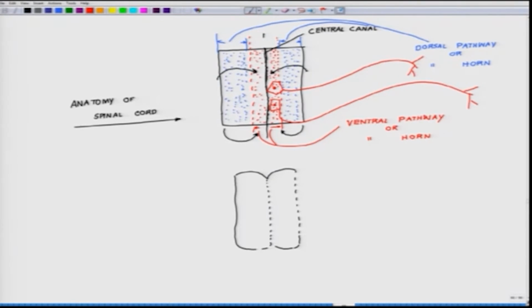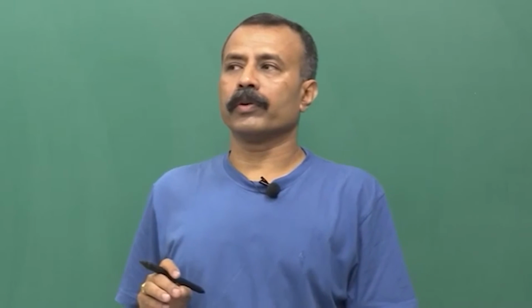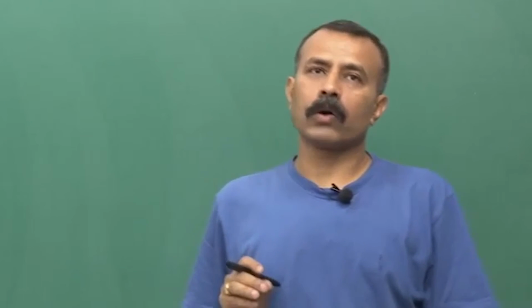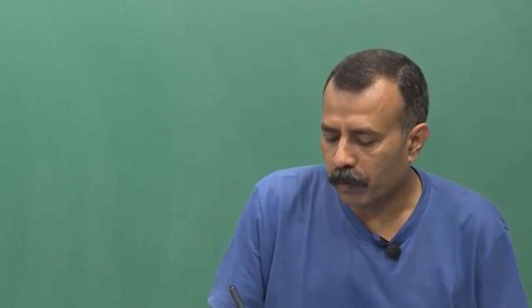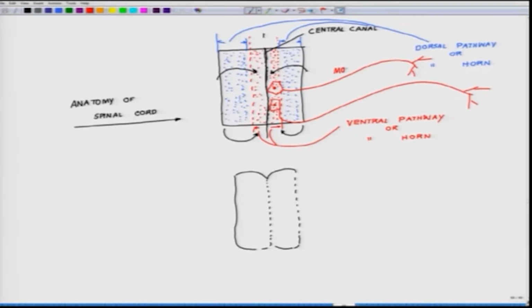I will come to the anatomy of neurons at this point, just accept it. And those neurons which reside in the ventral horn are called motor neurons.